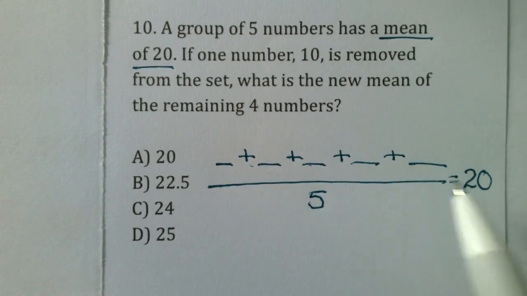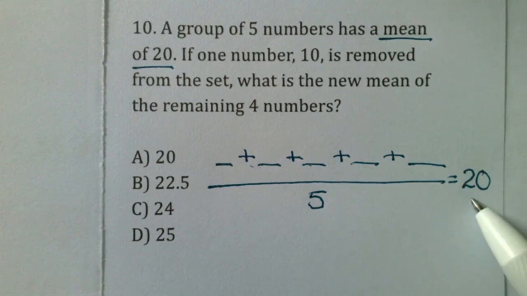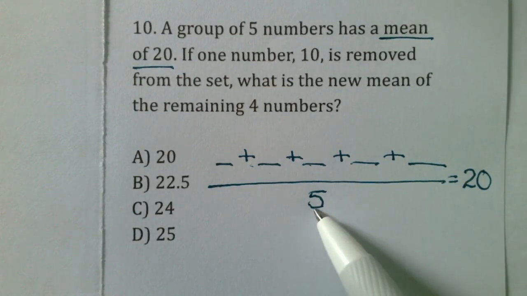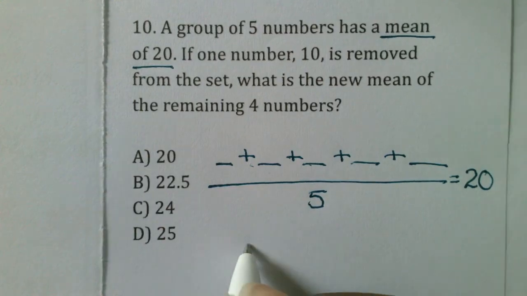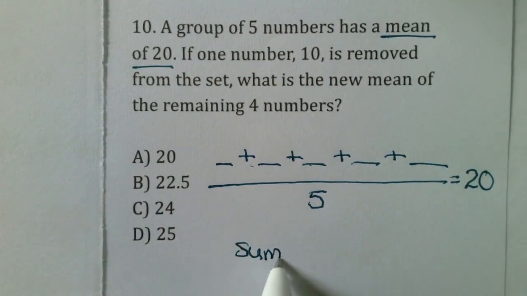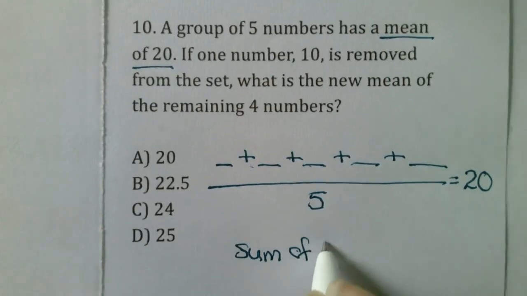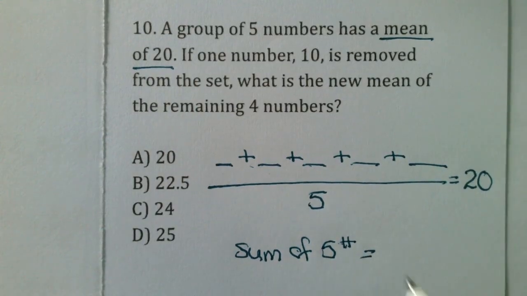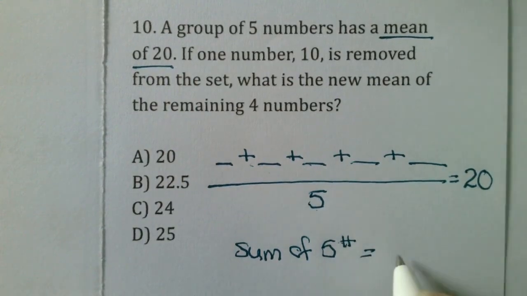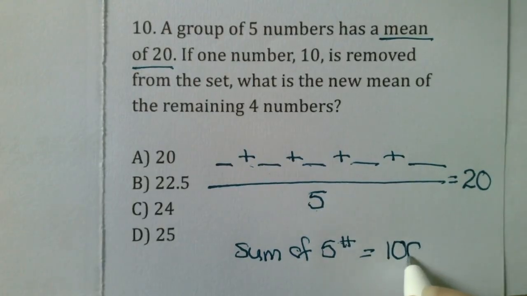So in order for me to do that, I need to think of the reverse. So I'm going to multiply the 5 by the 20. So it's basically my 5 numbers. I'm just going to write sum of 5 numbers. And that's going to equal 5 times 20, which is 100.